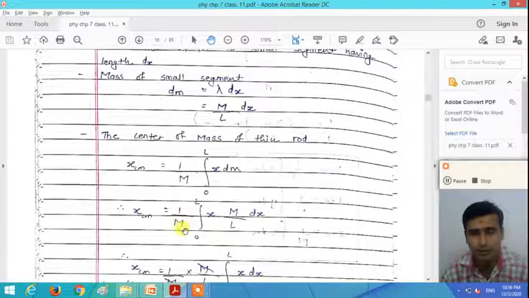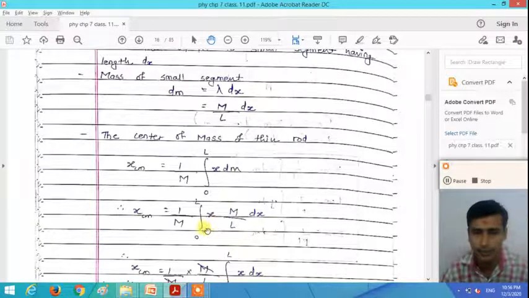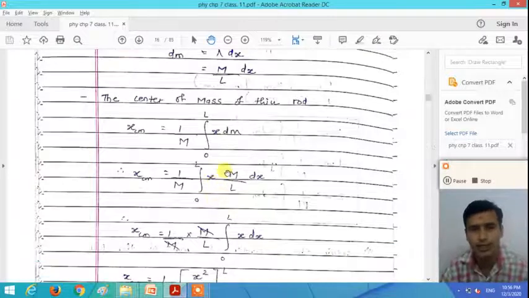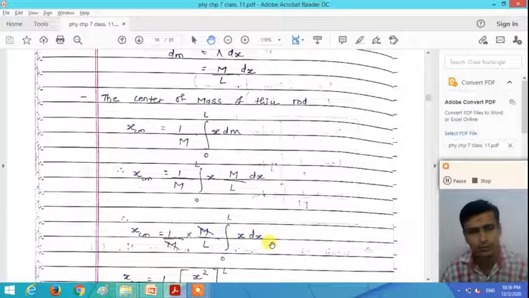xcm is equal to 1 by M integration 0 to L of x dm. Instead of dm we put M by L into dx. Here capital M is the mass of the thin rod and capital L is its length, so both are constant with distance, and we take M by L outside the integration. xcm is equal to 1 by M into M by L integration 0 to L of x into dx.